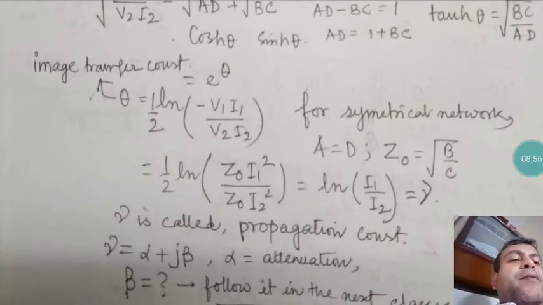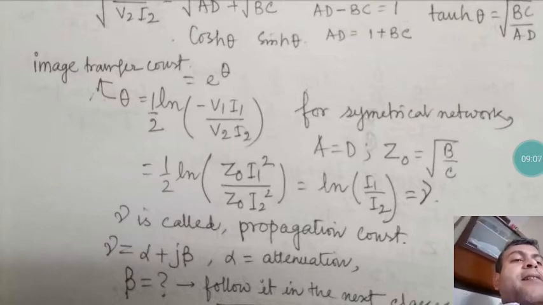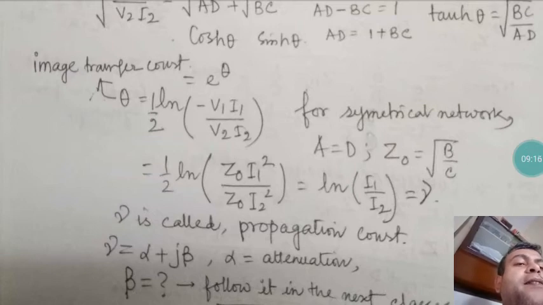If you go much deeper, for that symmetrical network we can put Z0 equals root over B by C, so that V1 is replaced by Z0 I1 and V2 is replaced by Z0 I2, because it is symmetrical. From both ends, if you look at the network, it behaves the same way. So here ln of I1 by I2 equals what is called gamma.